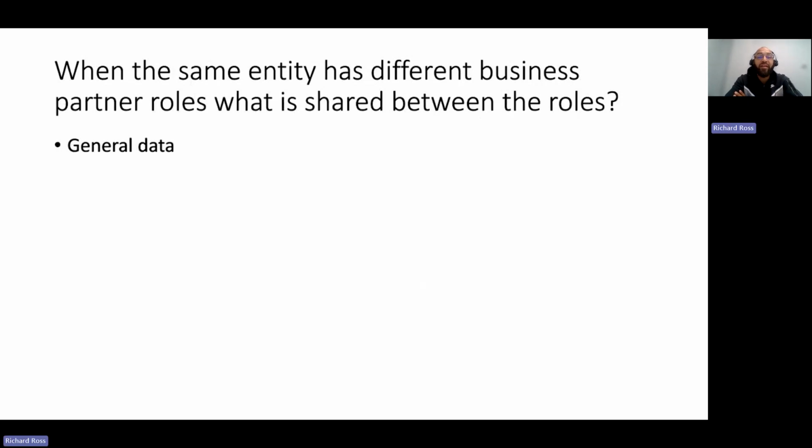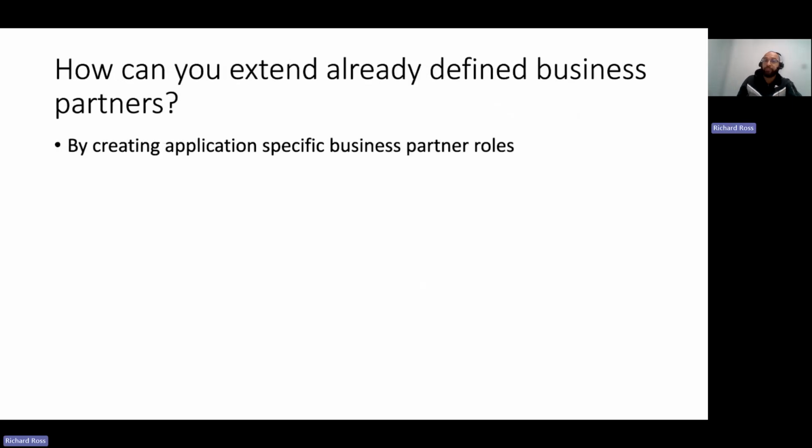When the same entity has different business partner roles, what is shared between the roles? General data. How can you extend already defined business partners?